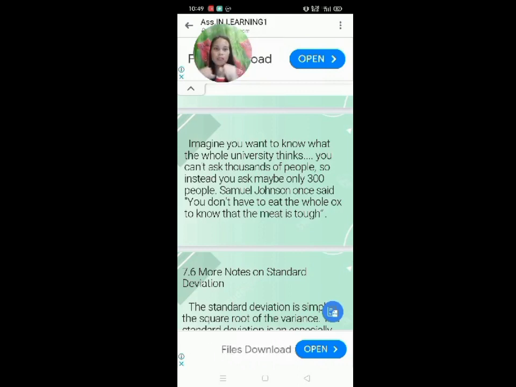Similarly, if you know how to sample the right way, then you don't have to interview everyone in the whole country to have a very good idea of what they think about a particular issue. That is the goal of sampling.